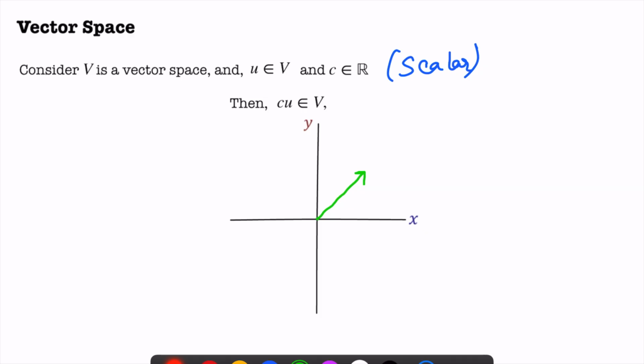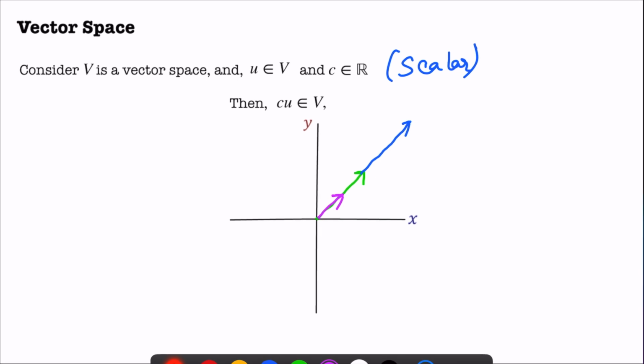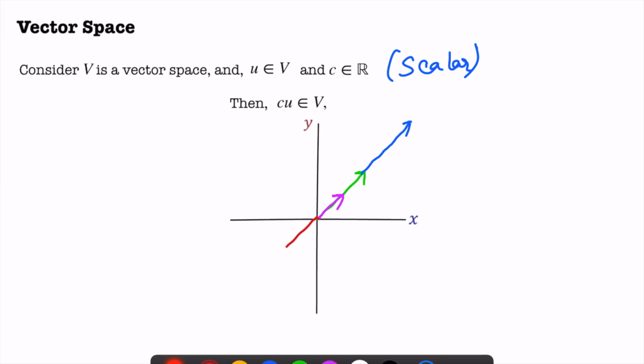If we scale that vector with any scalar, let's say we stretch it, or we can squeeze it, or if the scalar is negative we'll flip it, or we can flip and stretch, or flip and squeeze. So if it is in R2, then all the scalar multiples of that vector are also in R2, right? But let's say one more example.